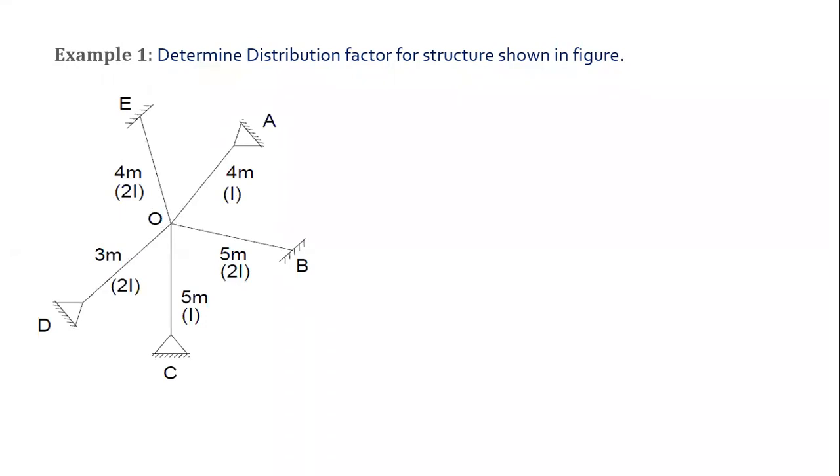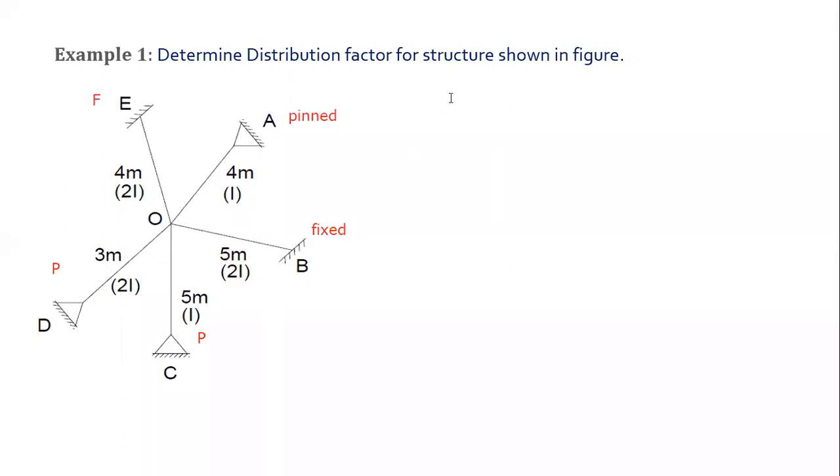While calculating the distribution factor, we must be very clear that the first step is evaluating the stiffness of each and every member. Suppose you take OA as an example. In OA, the far end is pinned, this far end is fixed, this is again pinned, this is again pinned, this is again fixed.